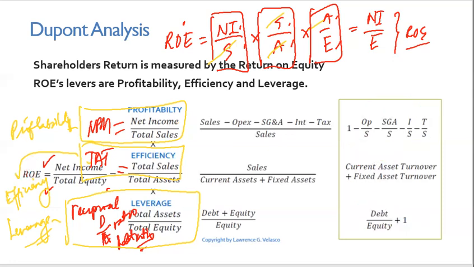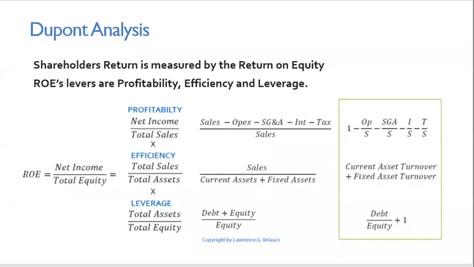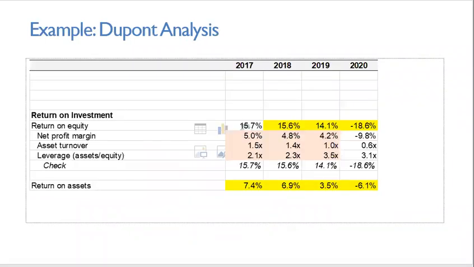And let's look at the impact in JFC. So looking at the DuPont analysis, ito yung itsura niya, no? So the return on equity of the company actually started decreasing from 2017 and plunged to negative 18.6% in 2020.